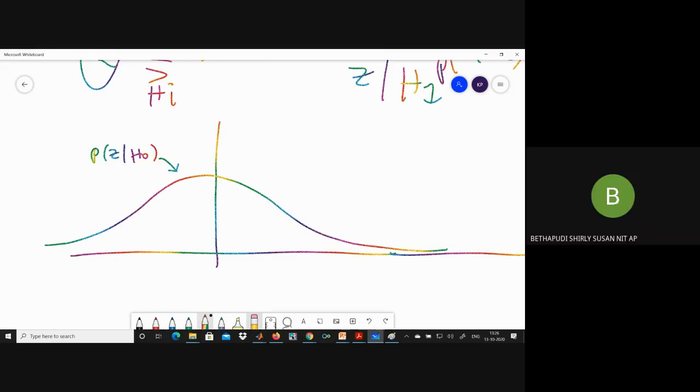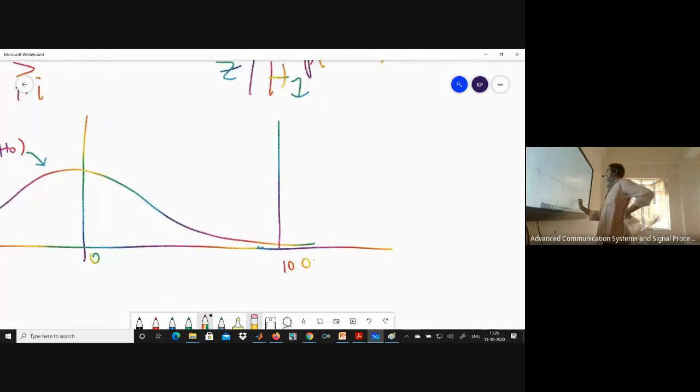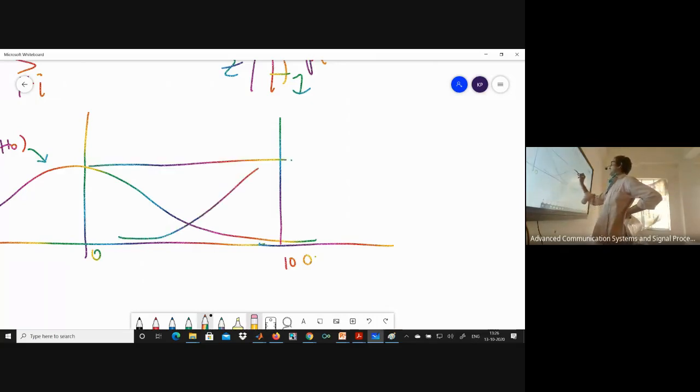Yes, sir. So you are going to have mean value 100 here. So this is 100. The spread is more now.